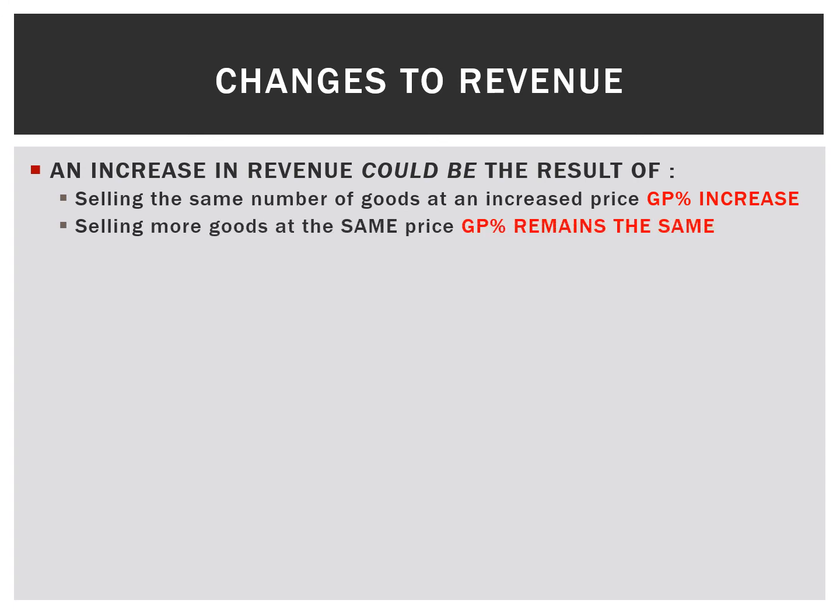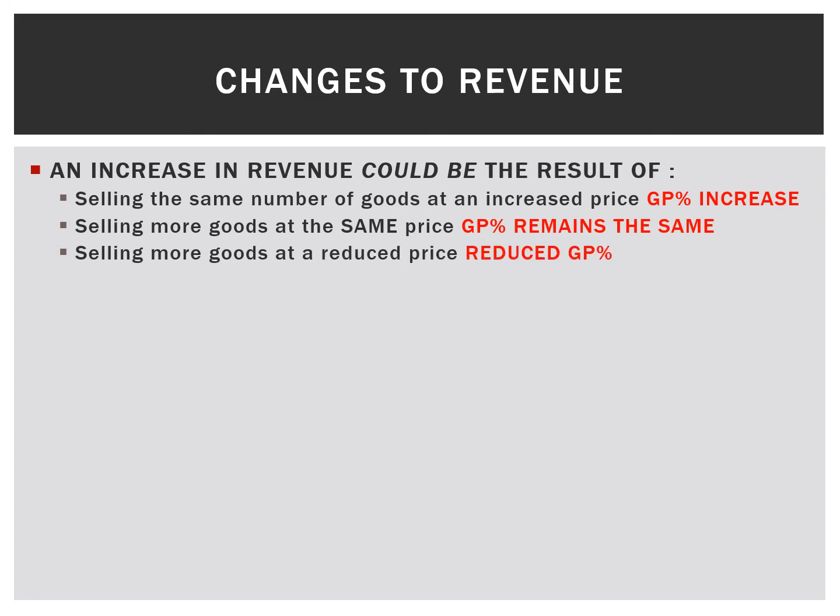If you sell more goods at the same price, then although the gross profit will increase, the percentage of the selling price that is left after deducting cost of sales will be the same. So the gross profit percentage won't change in that case.